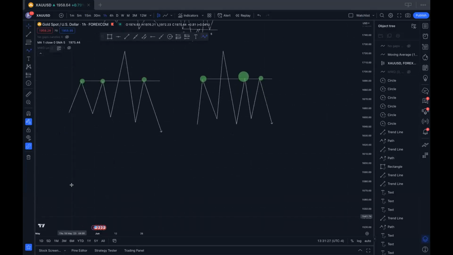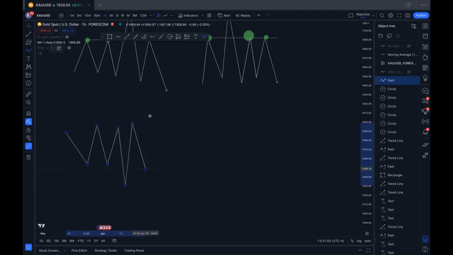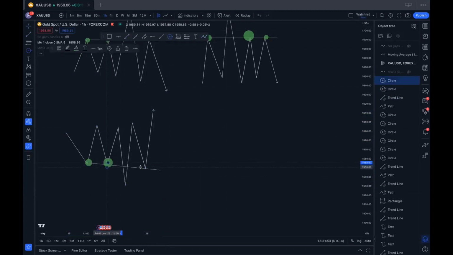Okay, so we have this is sells. We have buys. 0.1, 0.2, 0.3.